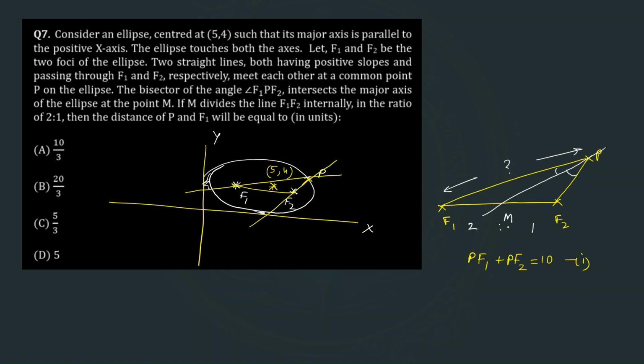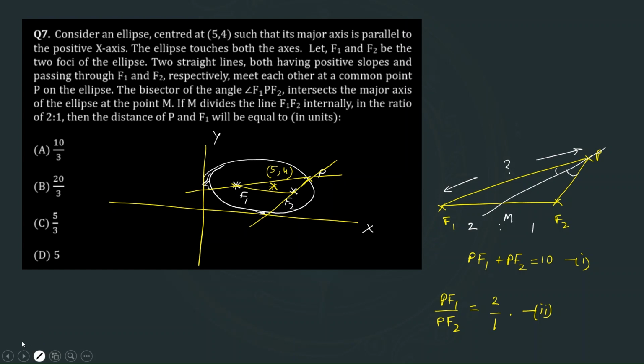That means if point M divides F1F2 in the ratio 2 is to 1, we can write that PF1 divided by PF2 will be the same as 2 by 1. That means PF1 will be 2 times PF2. This is the second equation that we can derive from here. So now we have two linear equations and two variables, we can solve easily.